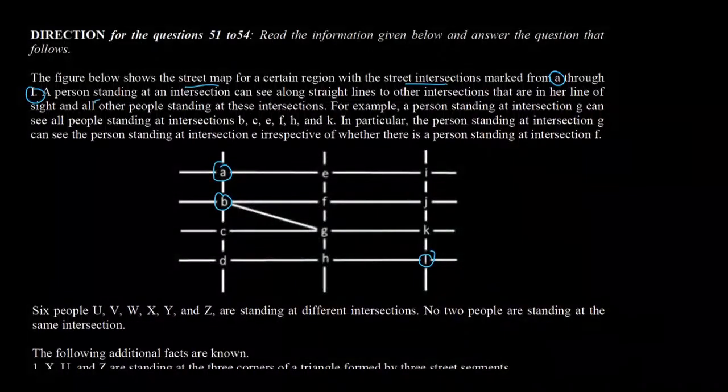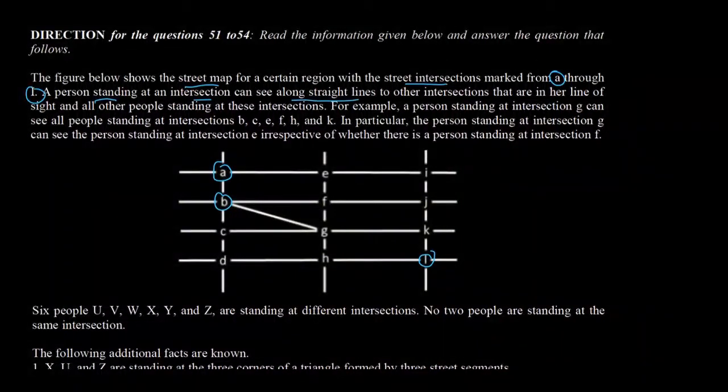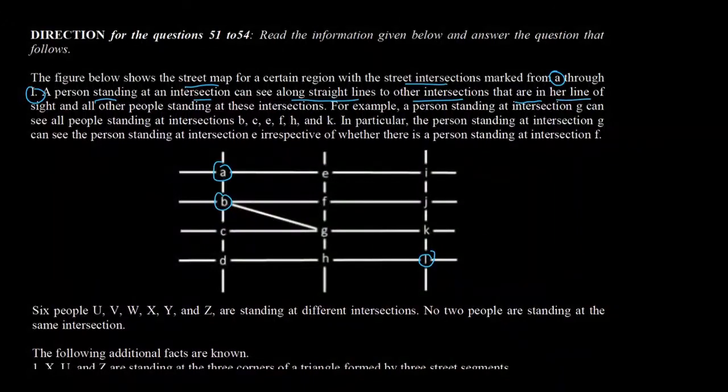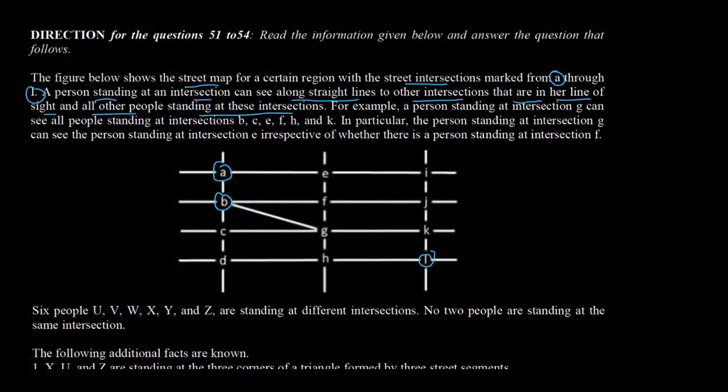And it says a person standing at an intersection can see along straight lines to other intersections that are in her line of sight and all other people standing at these intersections.